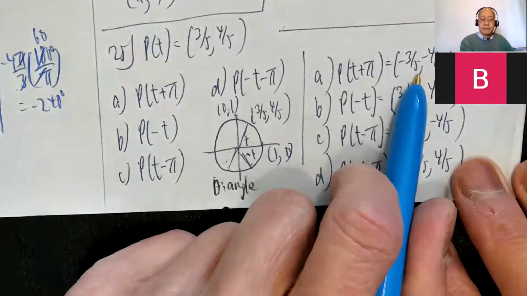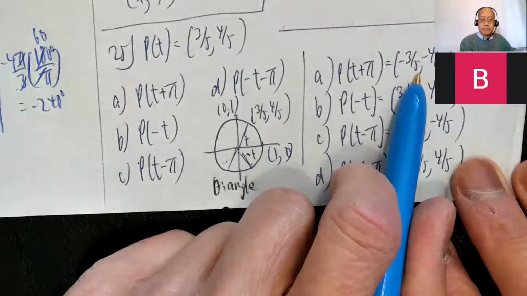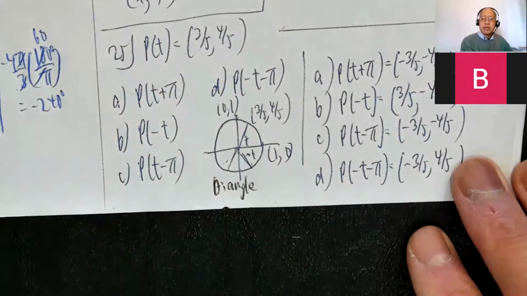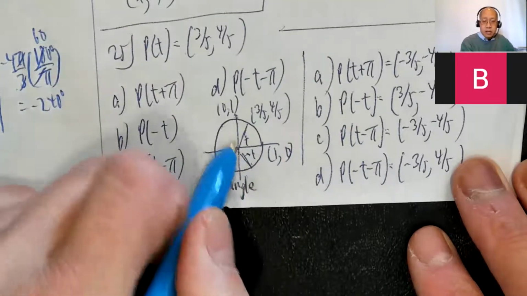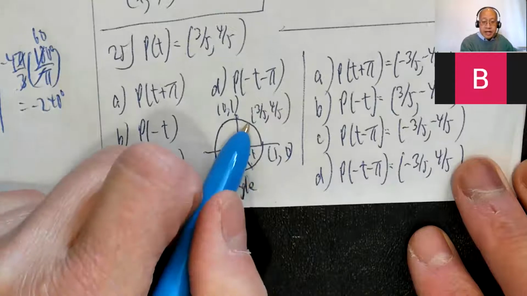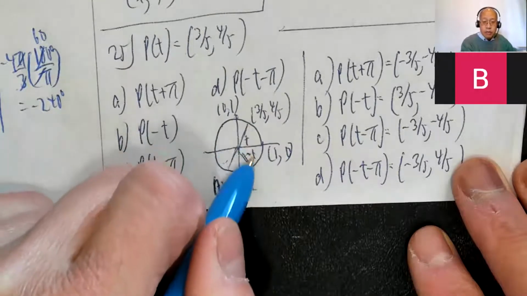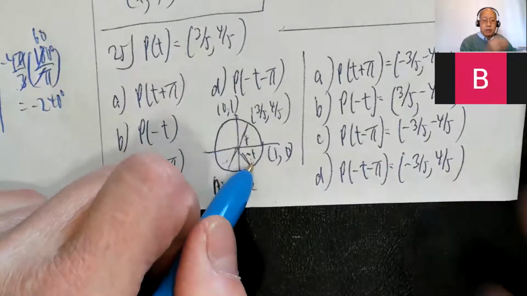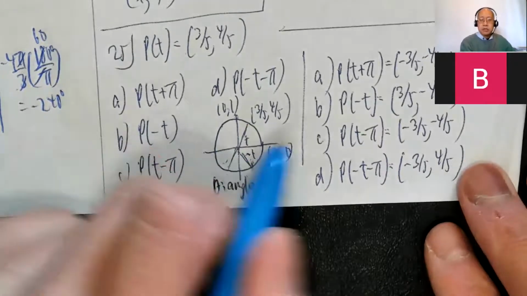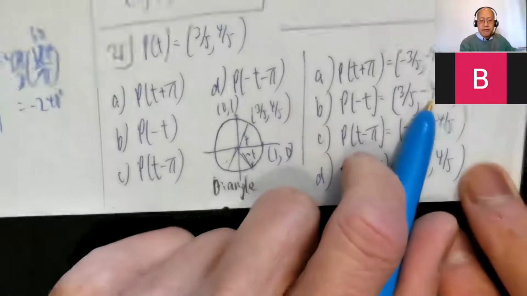They're both negative. Okay, P of negative T, well, I just did that. Here's T, here's negative T. So what about this point? It has the same X coordinate, the same distance away from the Y axis, but the Y coordinate is negative. So this would be 3/5, negative 4/5.